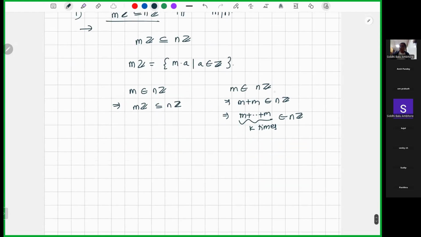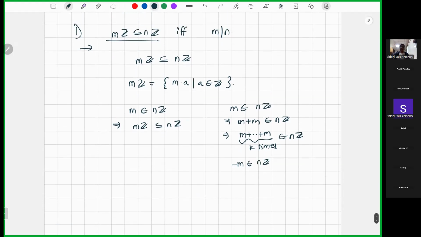And the moment I have m in nZ, minus m will be in nZ, and all the multiples of its inverses, and so on. And 0 is definitely there in nZ. So the moment I have m inside nZ, the entire mZ goes inside my nZ. Is that okay?